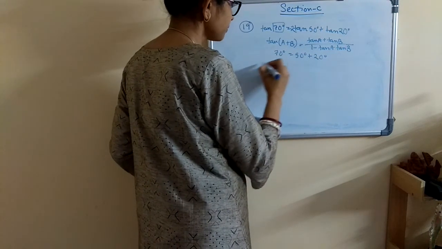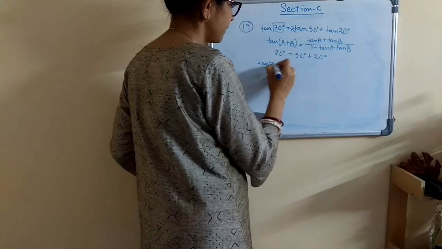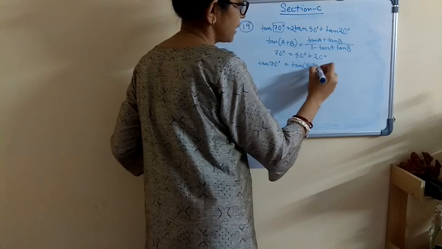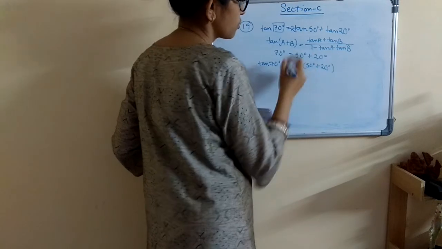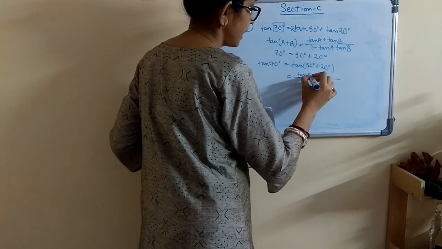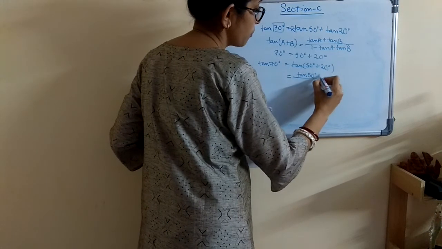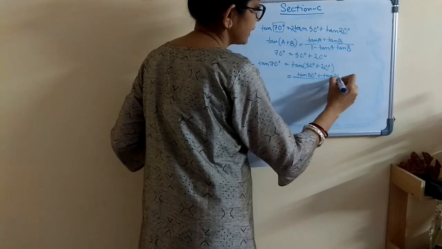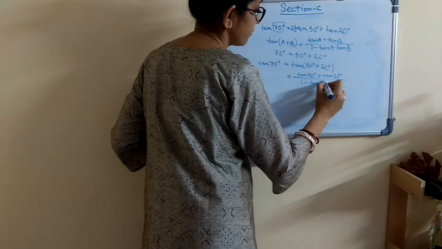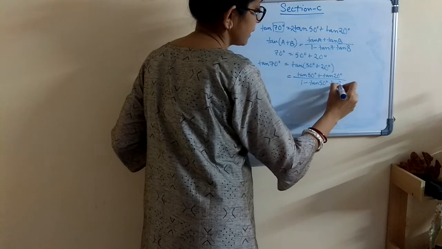So tan 70 is equal to tan(50 + 20). So we will write it as tan 50 plus tan 20, then divided by 1 minus tan 50 into tan 20.